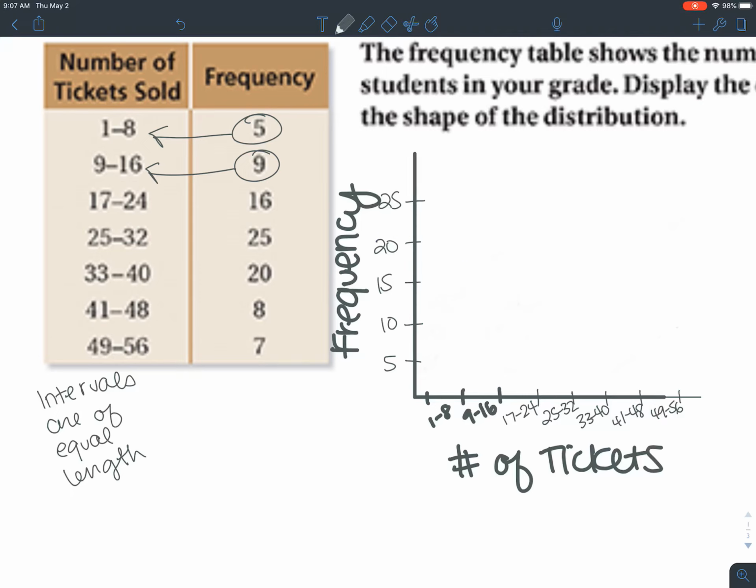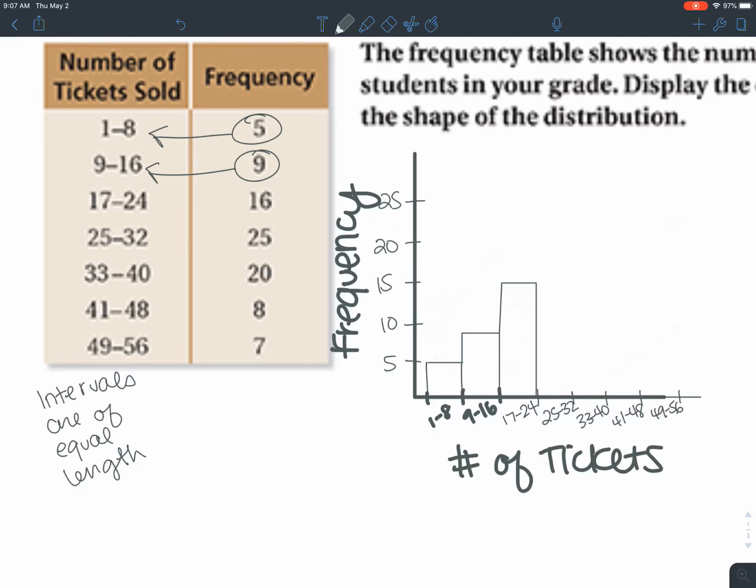All right. So 1 to 8, there are 5 of them. So I'm going to put a line here and draw what looks like a bar graph. The only difference is instead of having space between them, the next one that goes up to 9 is going to be connecting. So it's just going to connect to that. So there's no space between these. 17 through 24, there are 16 of them.